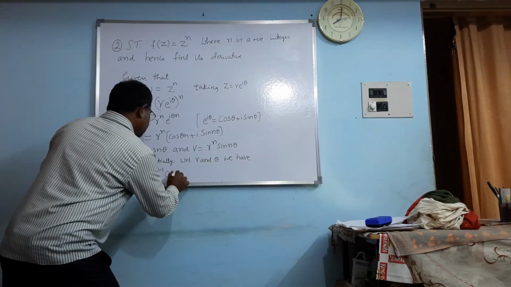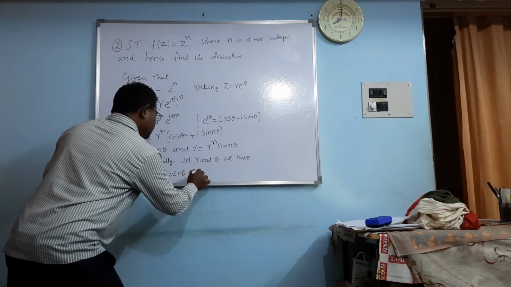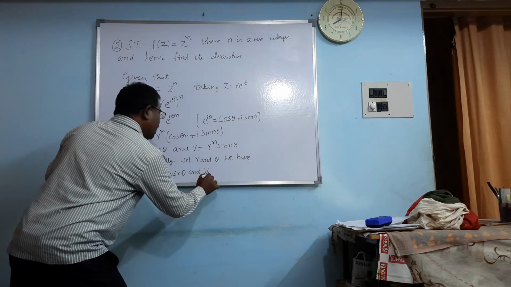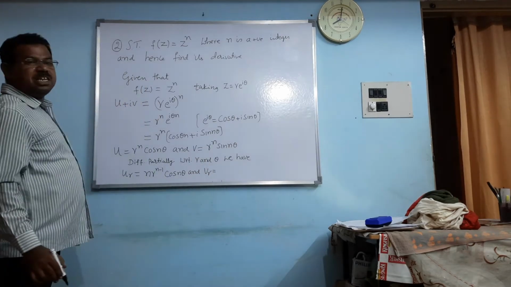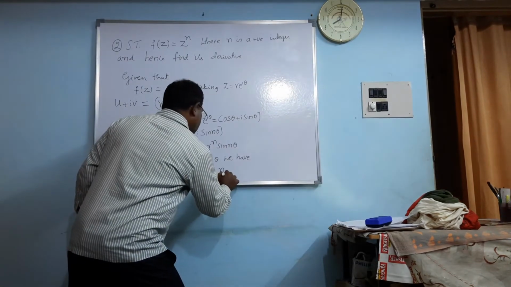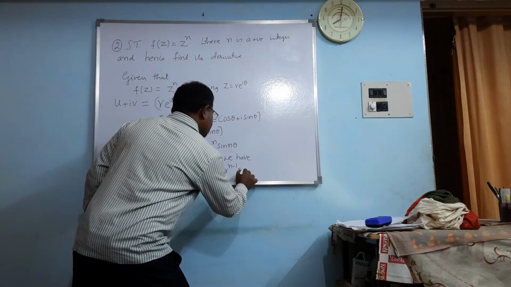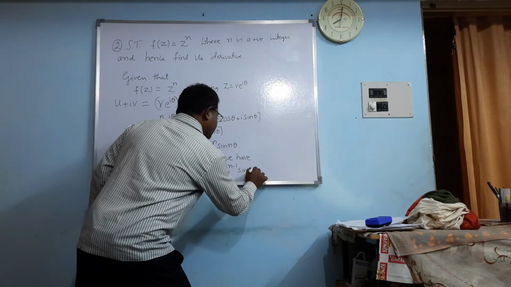And v r means differentiating partially with respect to r: n into r to the power of n minus 1 sin n theta.